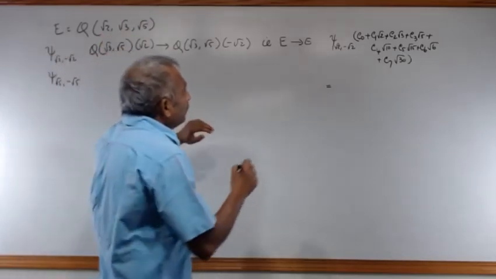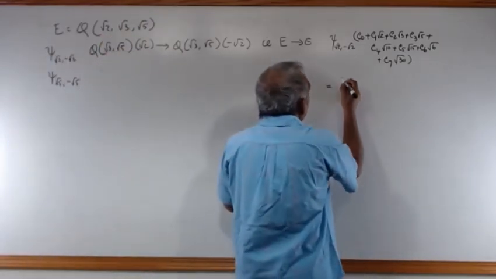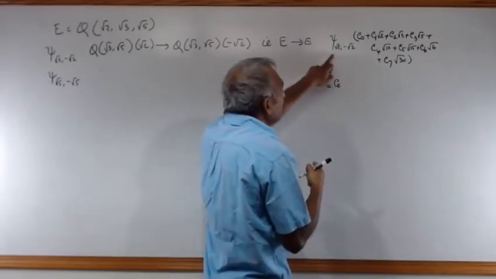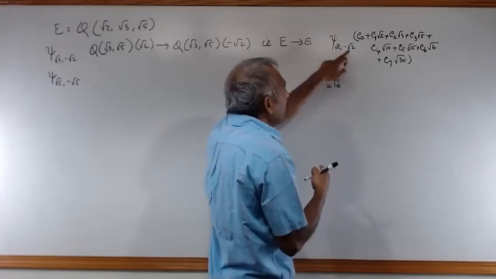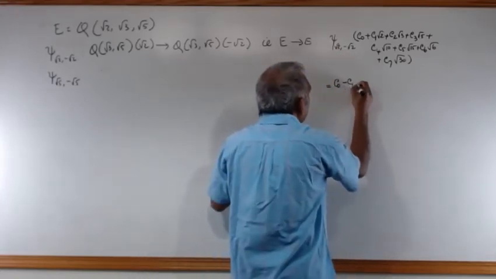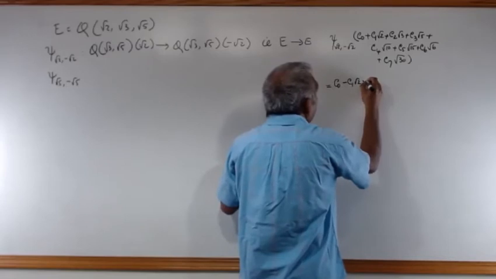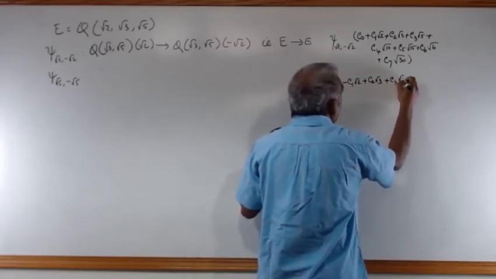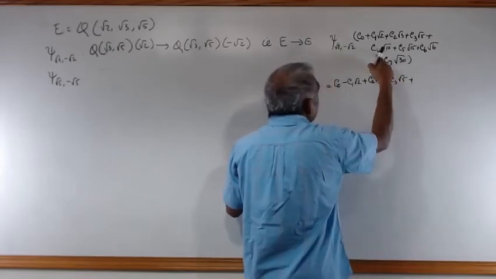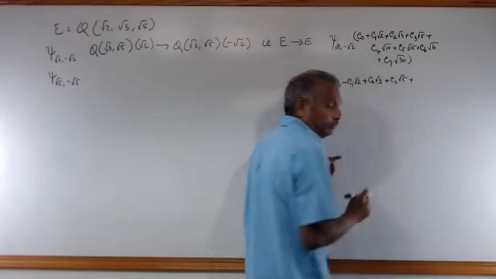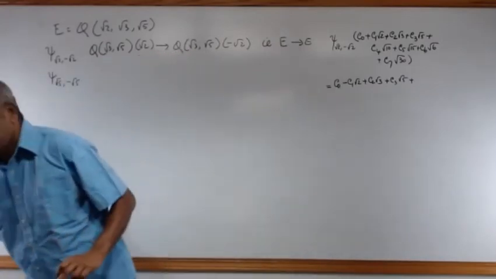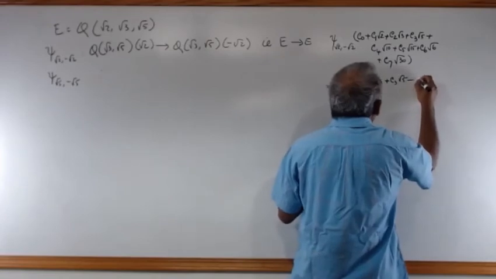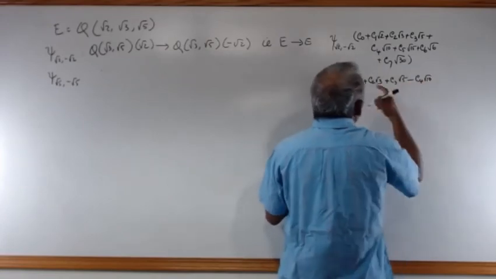Okay, so this is going to be c0. Wherever you have a root 2, you will replace that root 2 by minus root 2. Minus c1 root 2 plus c2 root 3 plus c3 root 5 plus here there is a root 2, so it is going to be minus root 10, c4 minus root 10.